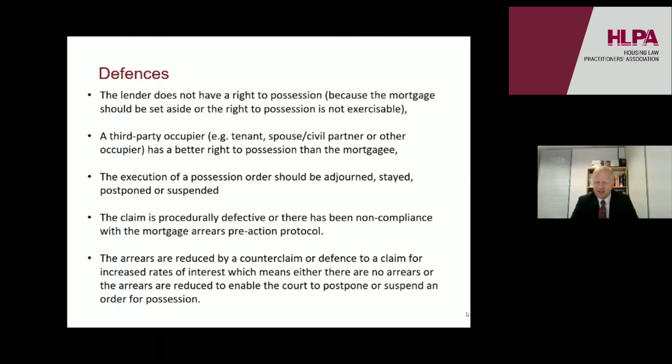And then the final category, which is more of a link to the third bullet point, I suppose, could also result in the right to possession not arising at all, is where the arrears are reduced or extinguished by a counterclaim or a defence to a claim that, for example, increased rates of interest or costs means that there are no arrears, or they're reduced to a point that enables the court to postpone or suspend an order for possession.